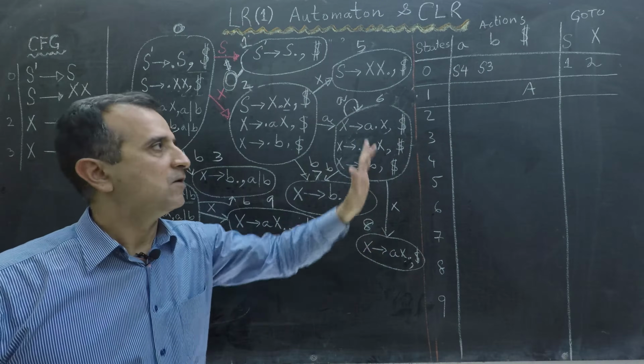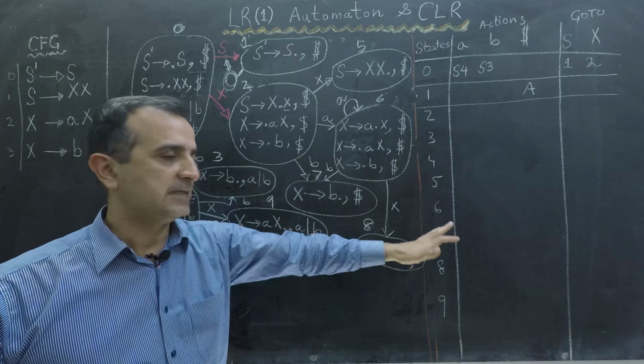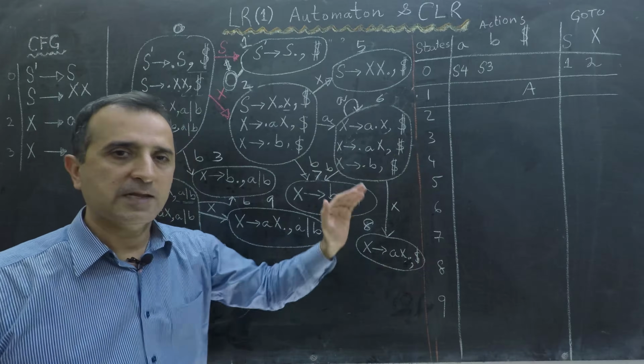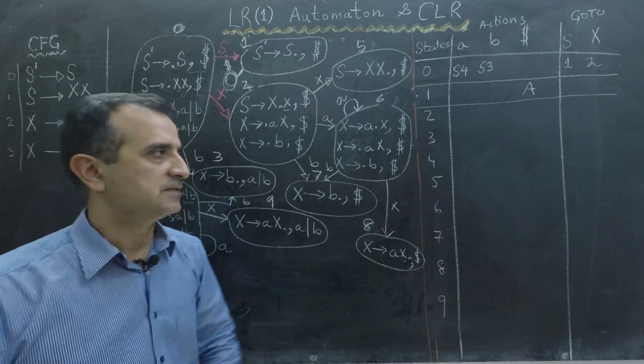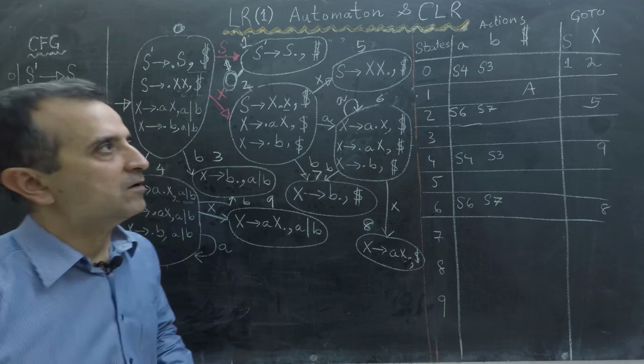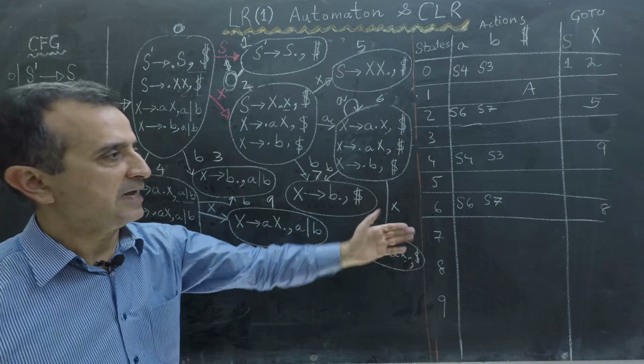Similarly, I will add all the shift and Goto actions in this table. Let me quickly fill this table and then we will skip to the reduce actions. So I have added all the Goto and shift actions in my table.